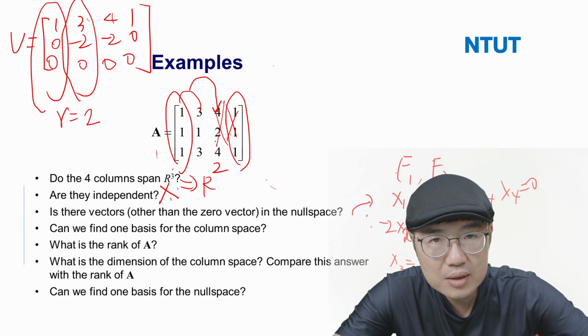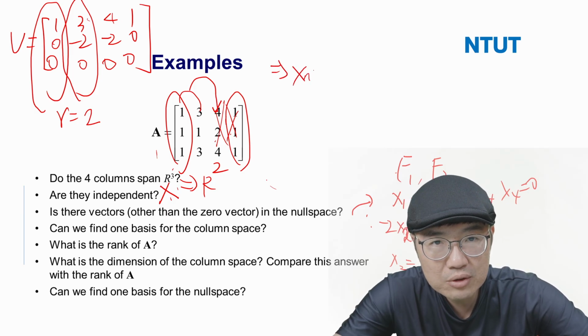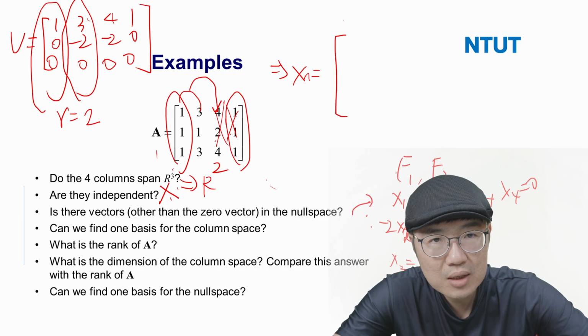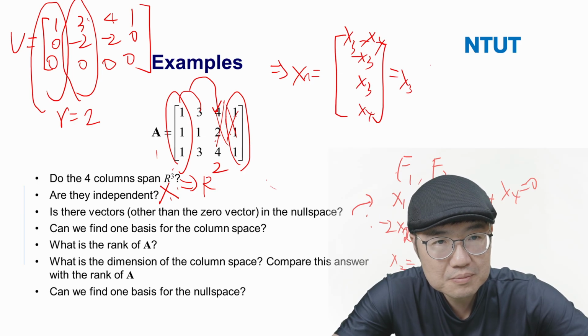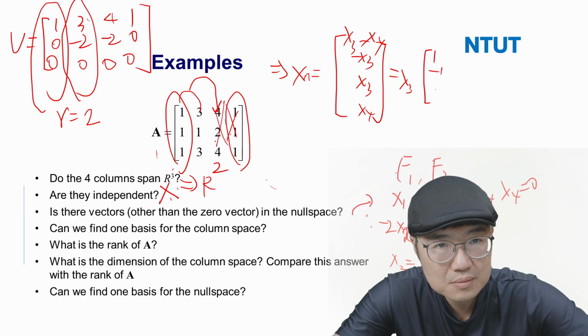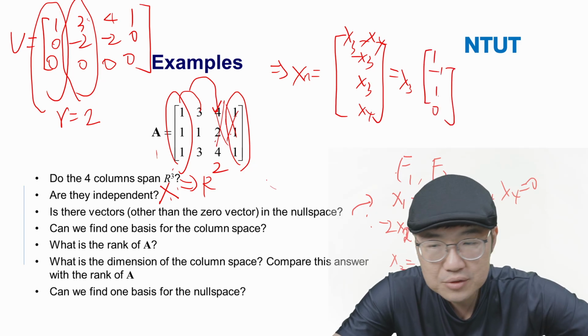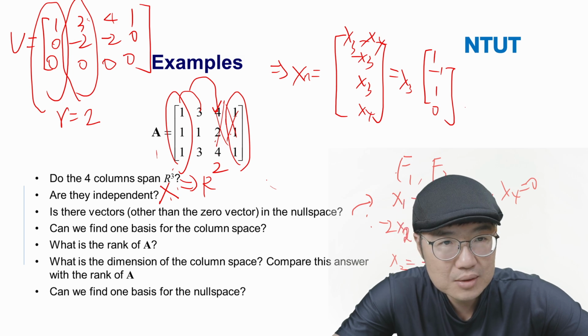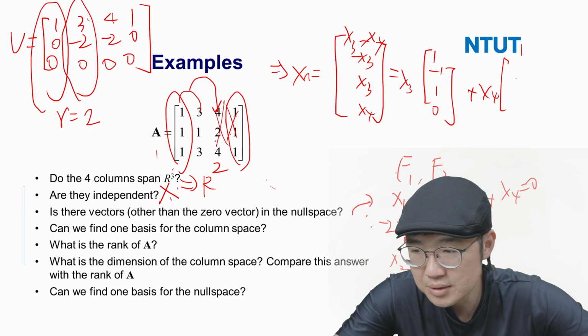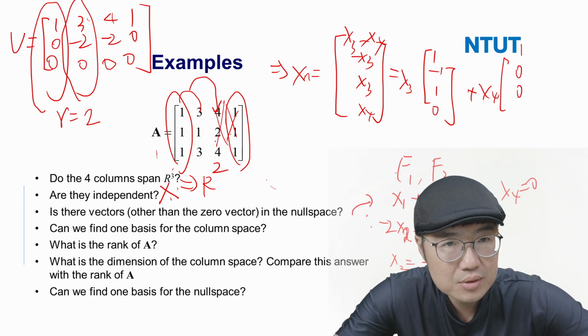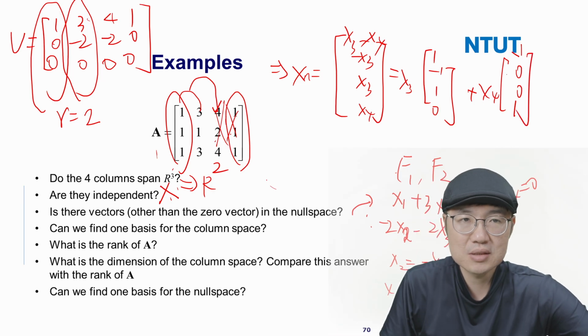So the total null space solution can be minus x3 minus x4, minus x3, x3, and x4, which means x3 times minus 1, minus 1, 1, 0, plus x4 times minus 1, 0, 0, 1 is the null space vector.